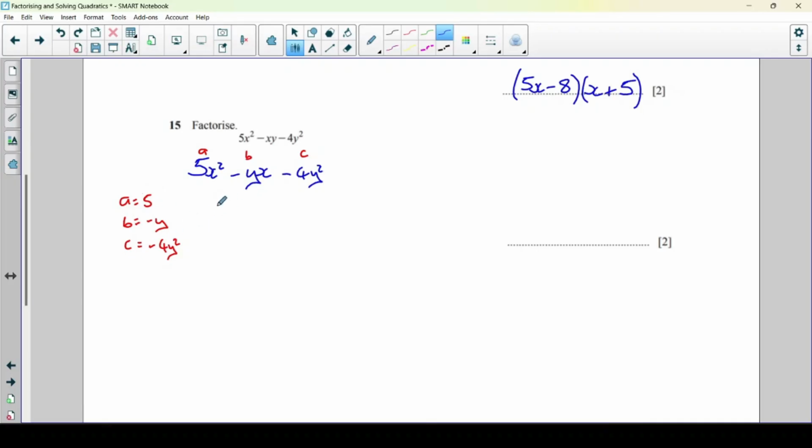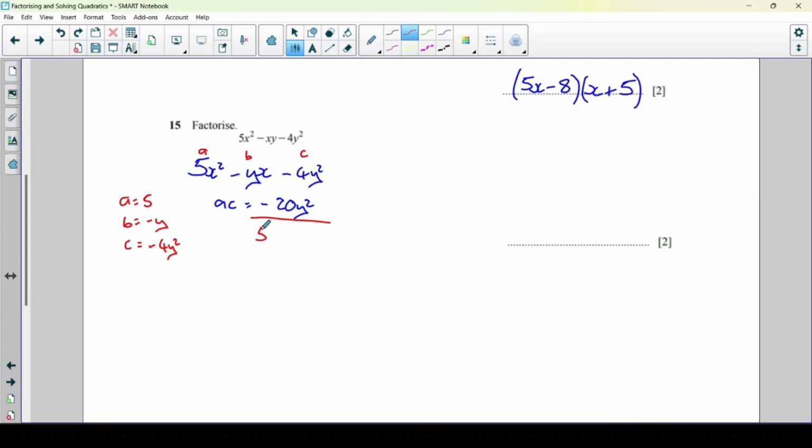Okay, so here I'm going to do AC. 5 times minus 4y is minus 20y squared. So I'm looking for two numbers that multiply to minus 20y squared and add to give minus y. So let's start to think of kind of factors of 20.